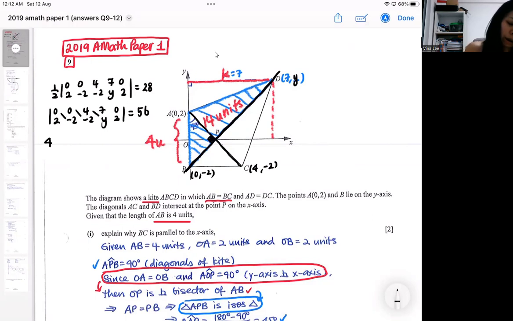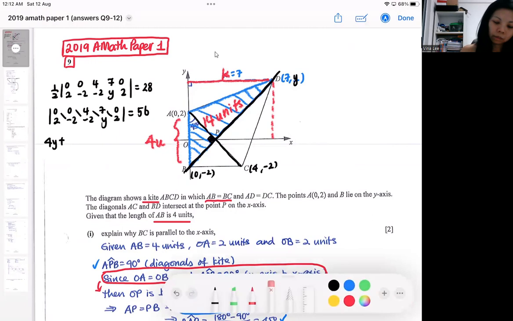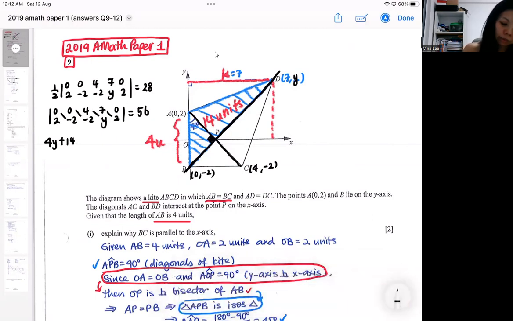You will get 4y, then plus 14, then 0, 0, then you're going to minus 14, minus 8, and equal to 56. So you can try doing this.